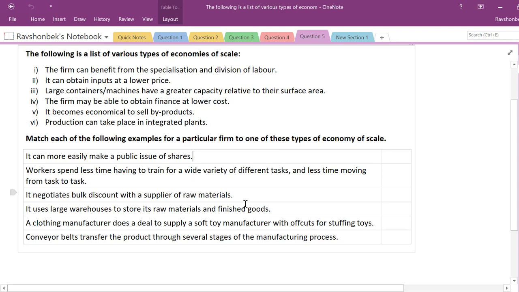Now, examples here. Larger firms usually can split the tasks, let's say of manufacturing. Before we match it, let's look at this. Think of your local chicken and chip shop.